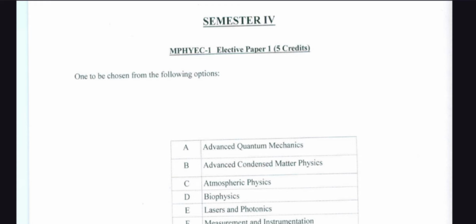First, what you see is the Semester 4 MSc Physics elective papers, 5 credit. So the paper will be 5. And come to the next points.